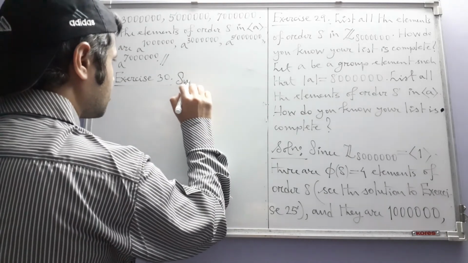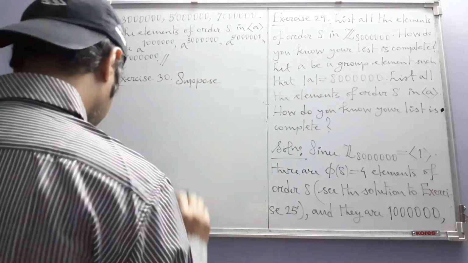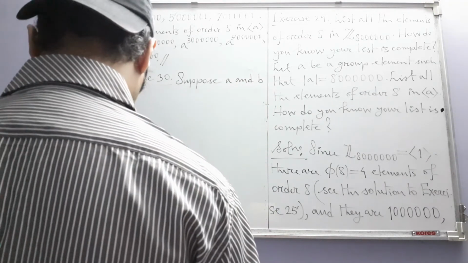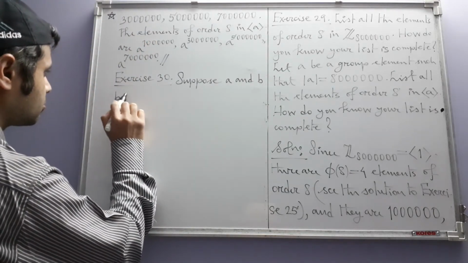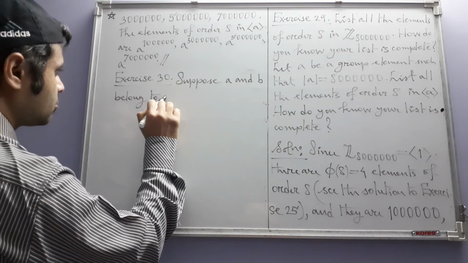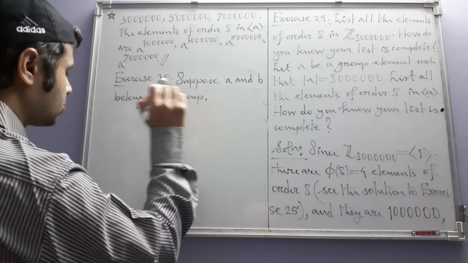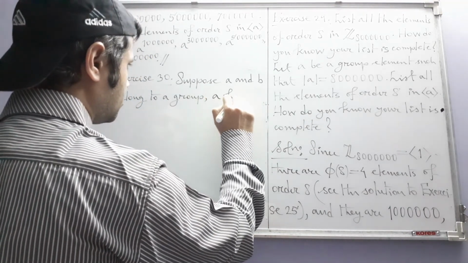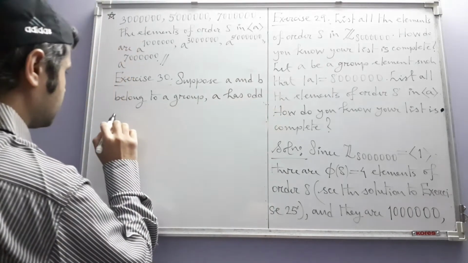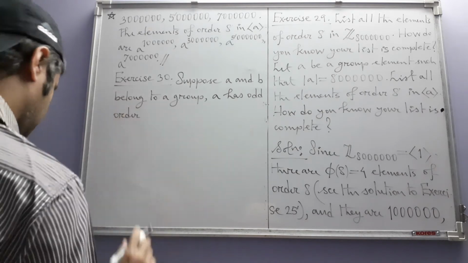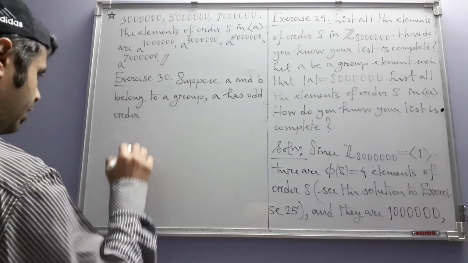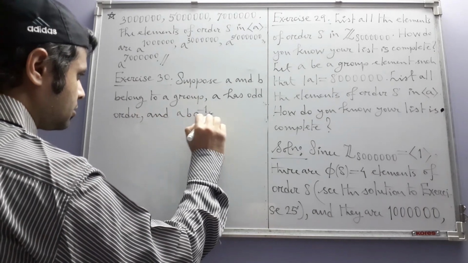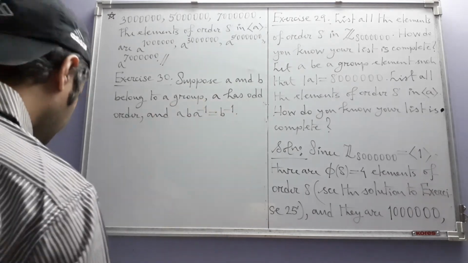Suppose A and B belong to a group, A has odd order, and A inverse is equal to B inverse.